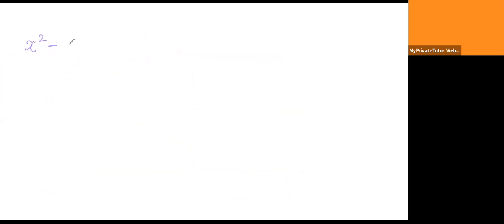x squared minus 121 equals 0. In this question, they will just say solve. Okay, in a sense, you need to factorize. Since we have it equal to 0, we need to solve and find the values of x. So how do you solve this question?